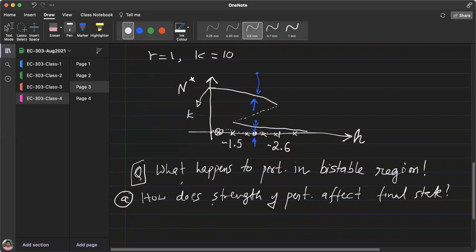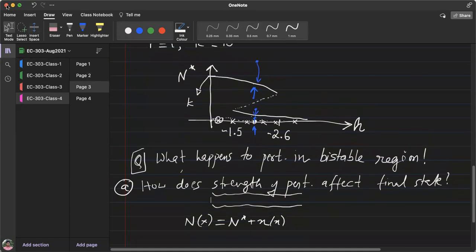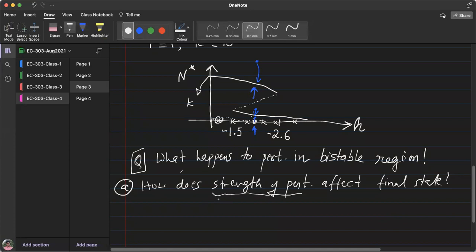So now here is my question. How do you define strength of perturbation? Remember that we wrote it this way: the perturbation was n of x equals some n star plus delta n of x. So how do you define strength of perturbation?